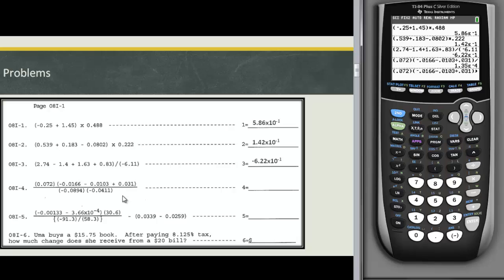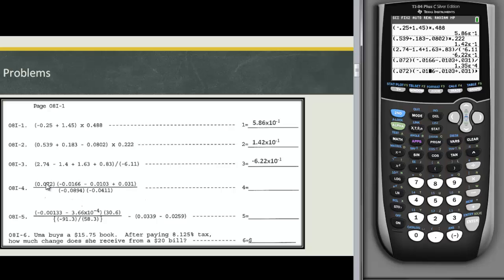when I put this in, the calculator is going to do what you tell it to do. So I told the calculator to multiply this number with the answer for everything in the parentheses here, and then it went to divide by this number, the negative 0.0894.